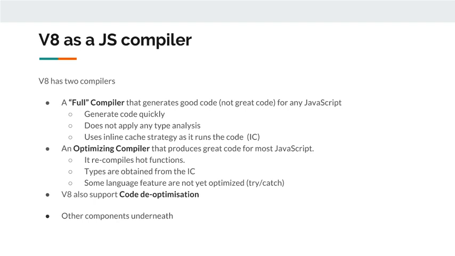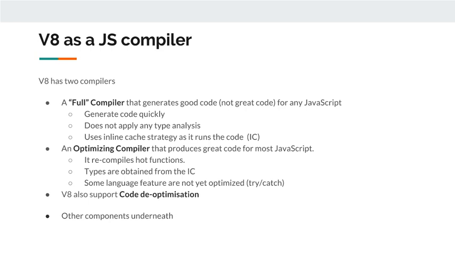So most of the time, from the inline cache, which is not compiled code, when a function is detected as a hot function, that hot function is recompiled by the optimizing compiler. And when it is compiled by the optimizing compiler, it runs faster than the raw compiled code inside the inline cache. And types are usually obtained from the inline cache.